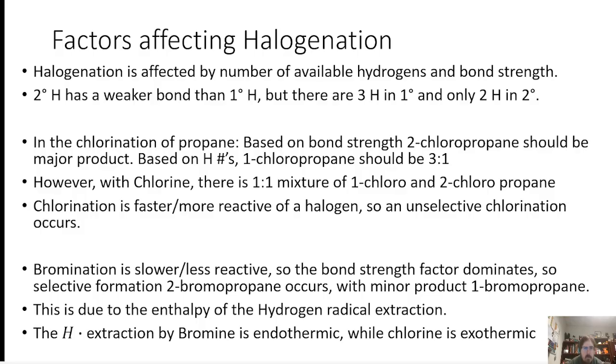In the case of chlorination of propane, based on the bond strength argument, we should form 2-chloropropane as the major product. However, based on the argument for the number of hydrogens, we should get a 3-to-1 ratio. So let's look at that.